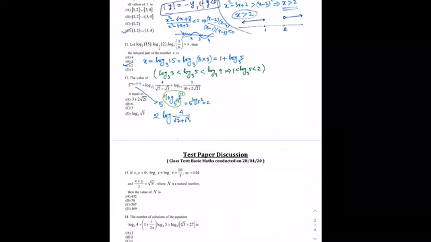So this base half is 2 power minus 1 again. So that will be minus log of 1 by 10 plus 2 root 21 base 2.